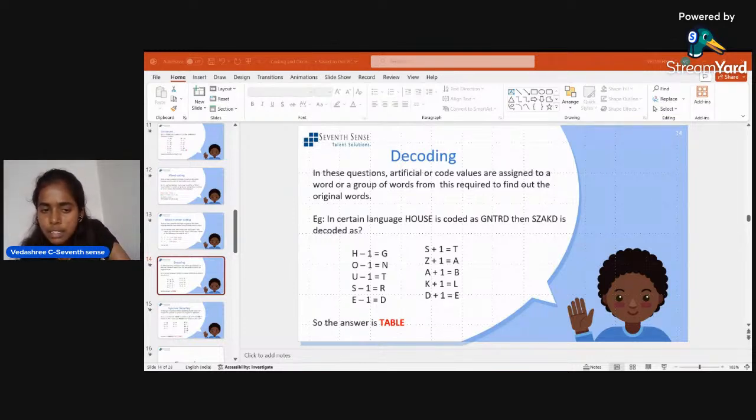S plus 1, Z plus 1, A plus 1, K plus 1 and D plus 1. Z plus 1 means we need to start again from A. Z is the last letter, Z plus 1 is nothing but A. Okay, we need to add 1, we'll get a meaningful word, that is table. Understood? So this is nothing but decoding.